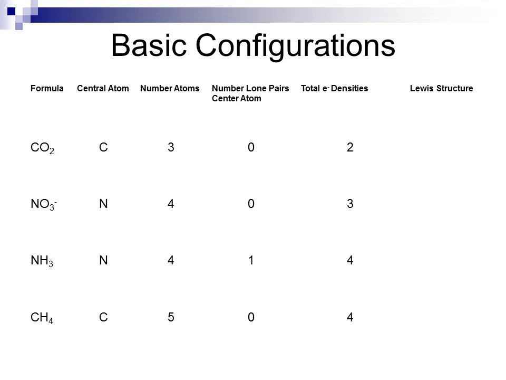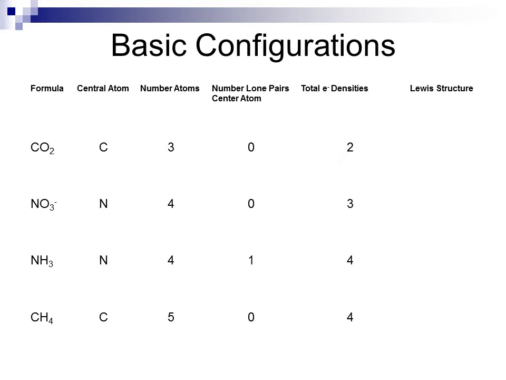So looking at several basic configurations of these molecular geometries, if I look at the formulas for CO2, NO3-, NH3, and CH4, I find the central atom, and these respectively are C, N, N, and C. The total number of atoms in each molecule are 3 for CO2, 4 for NO3-, 4 for NH3, and 5 for CH4.